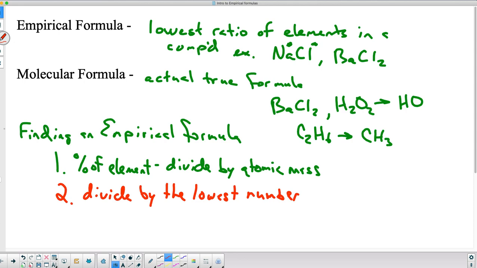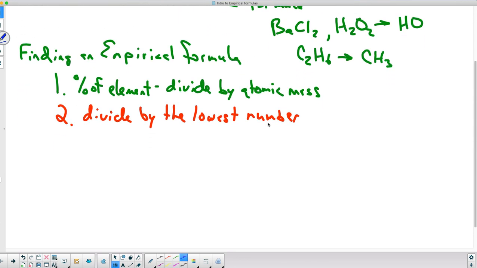Now, here's what I like to do. There's really just 2 basic steps. There is like an addendum, though, like a second part to this, let's call it 2A.